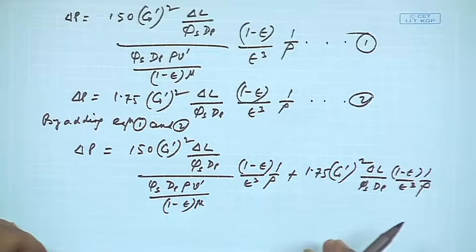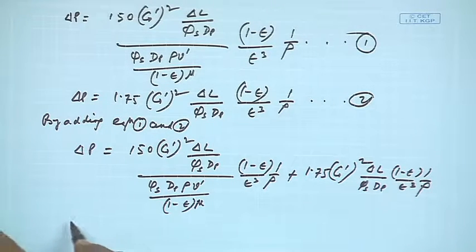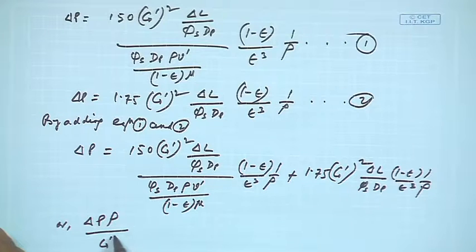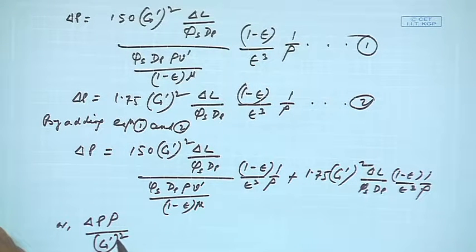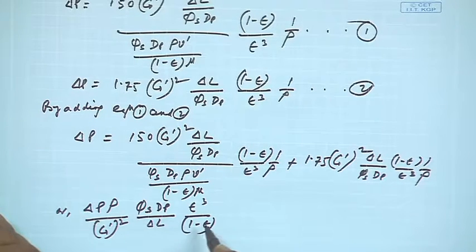Now, if we rewrite or rearrange this equation, then we can write delta p into rho by g prime square into phi s dp over delta L into epsilon cube by 1 minus epsilon, right.